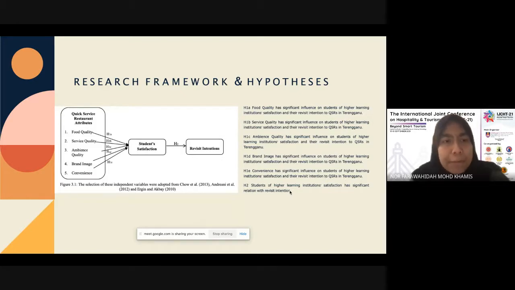For this study, five factors, which are food quality, service quality, ambience quality, brand image, as well as convenience, have been identified as the core factors that affect student satisfaction and their revisit intention to quick service restaurants.